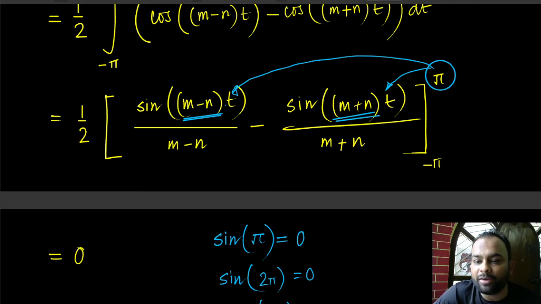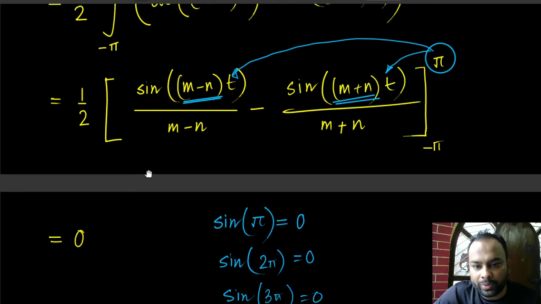So those values will be 0. Similarly, when I put the lower limits, those will again be integer multiples of pi, like minus pi, minus 2 pi, minus 3 pi, minus 4 pi, and so on. So the result is going to be 0, right? That's simple to understand, I think.